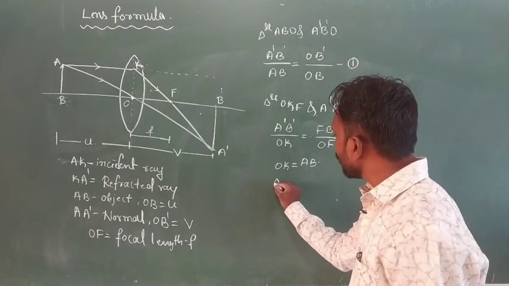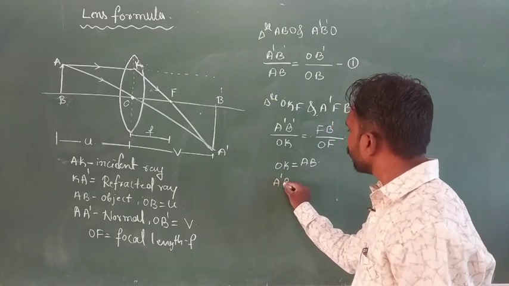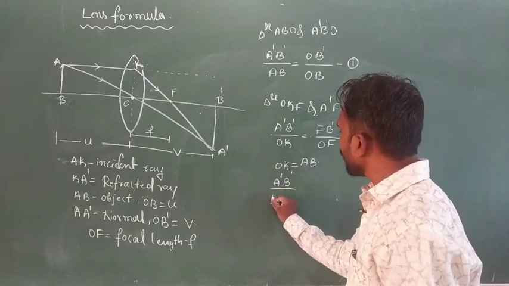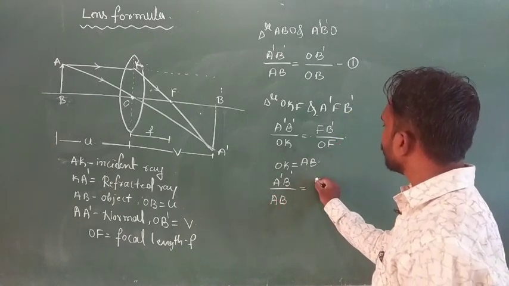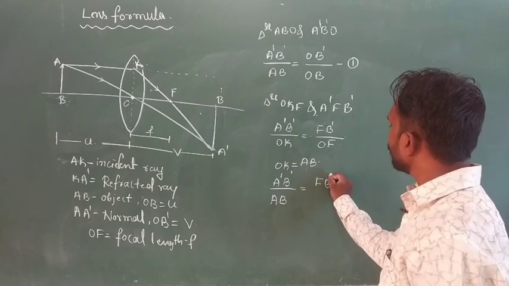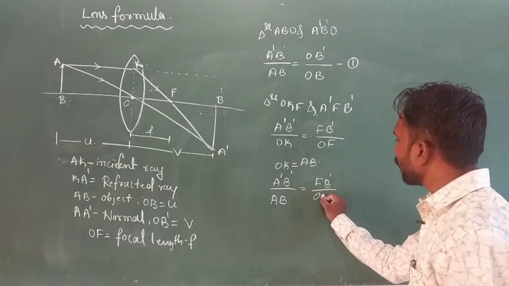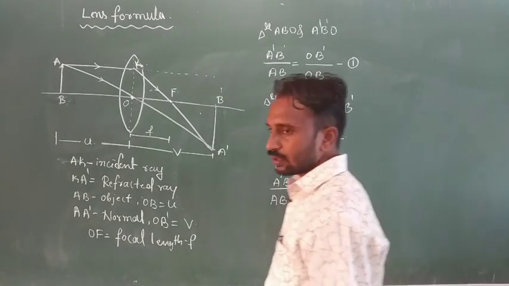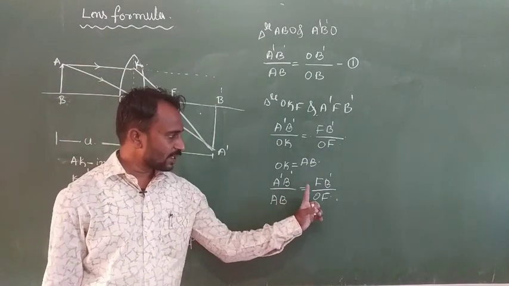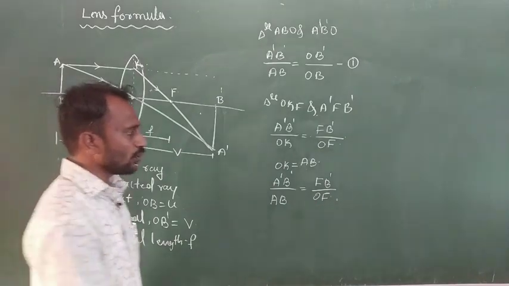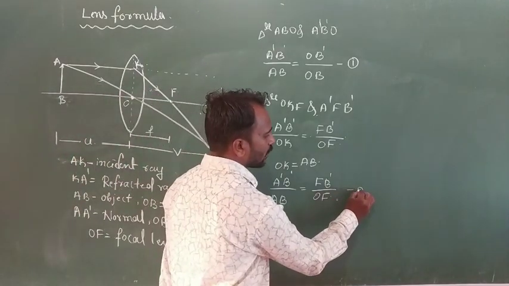So A dash B dash divided by AB is equal to FB dash divided by OF. This is equation 2.